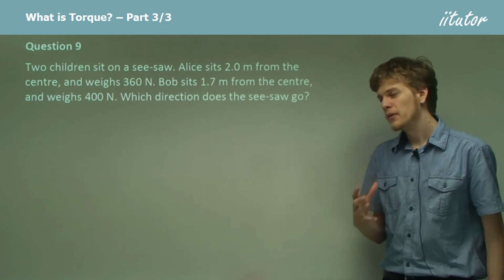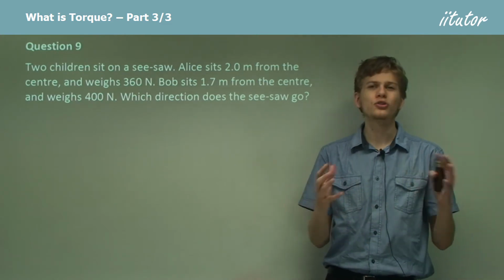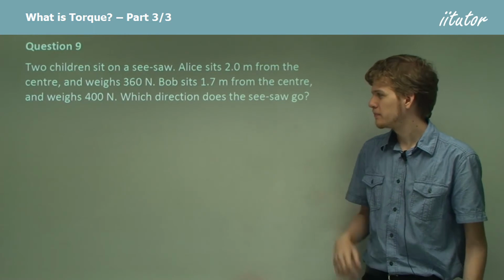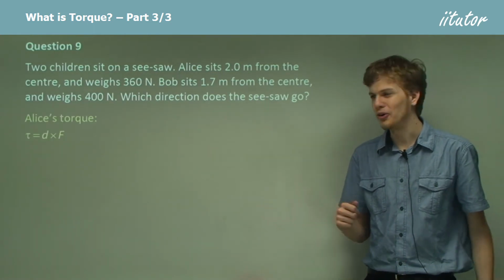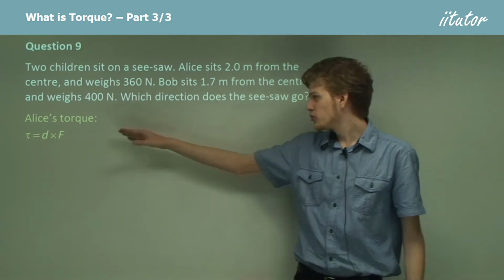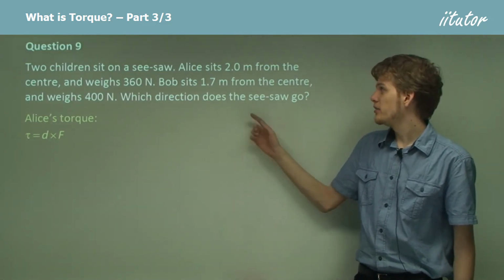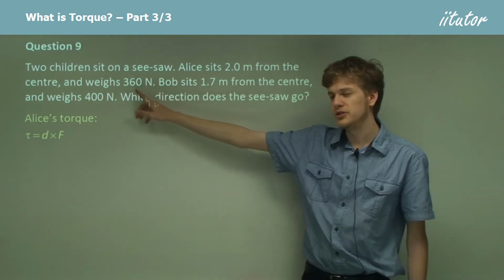What we should look at is the torque produced by each child, and then figure out which torque is greater, and that will tell us which direction the seesaw goes. So let's start with Alice, alphabetical order, why not? So Alice's torque is d times F, d being the 2.0, and F being 360 newtons.